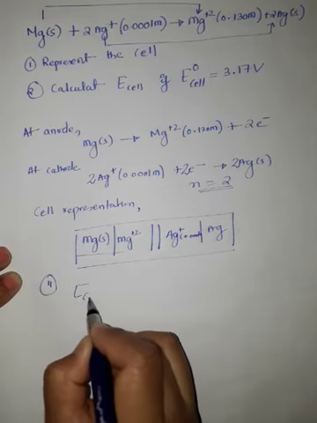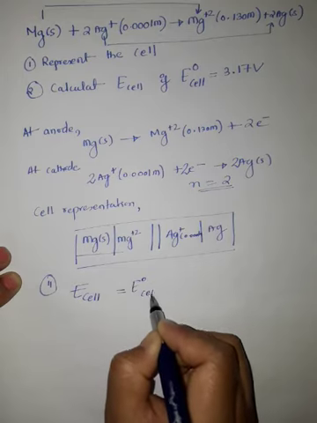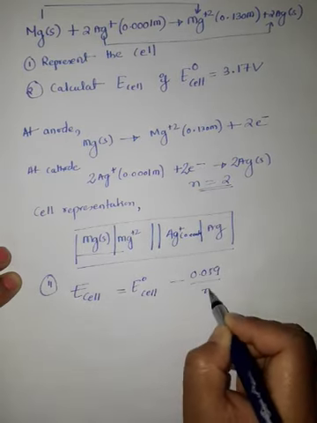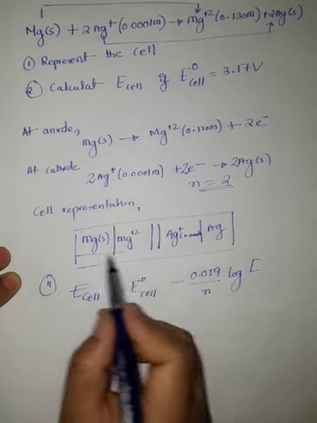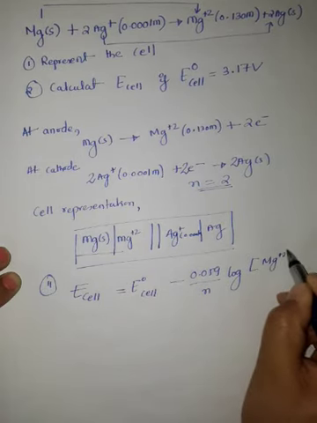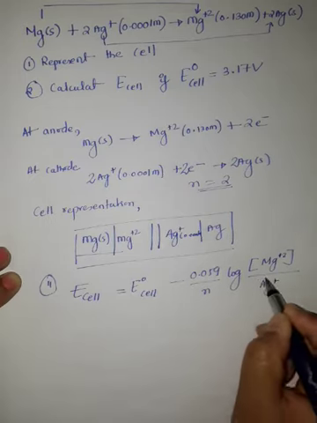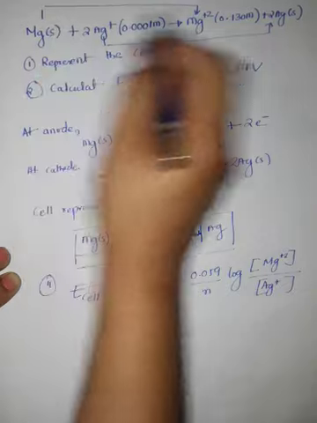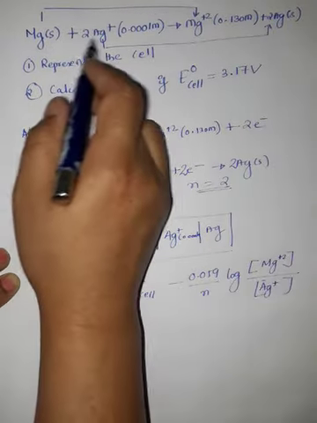Now what is E cell? E cell is equal to E naught cell minus 0.059 divided by n, log of the concentration of your anode, which is magnesium, divided by the concentration of your cathode. So anode on the right side divided by cathode; the metal's concentration is always 1. What is the coefficient for silver?